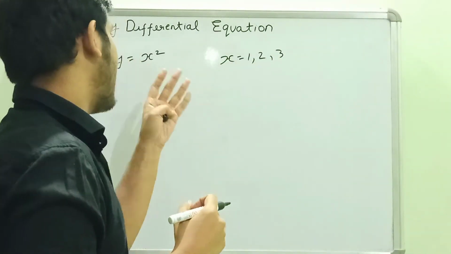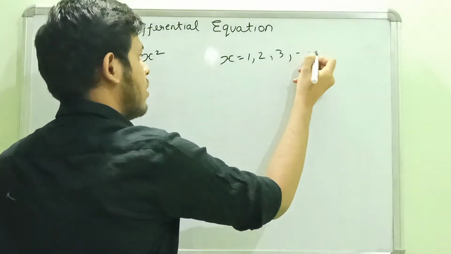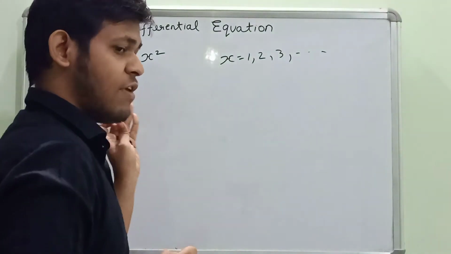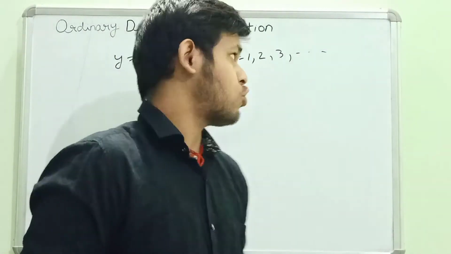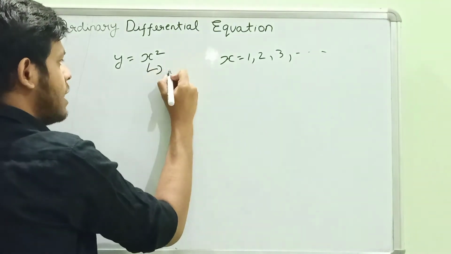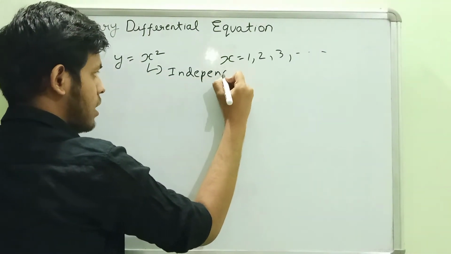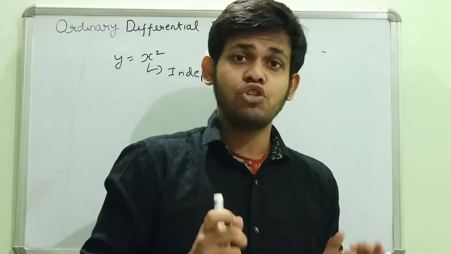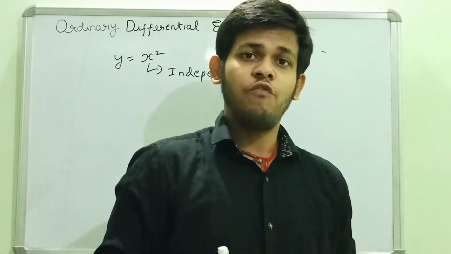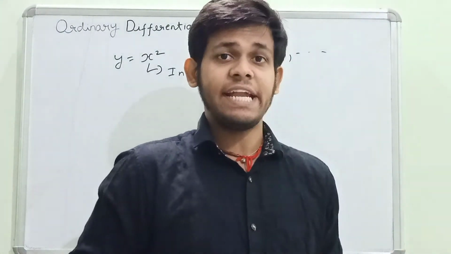Since we are assigning values 1, 2, 3 and so on, the value of variable x will change according to us, not depending on any variable. So x will be known as the independent variable. Why? Because x is not depending on any other variable. We are allocating some value, and only then its value gets changed.